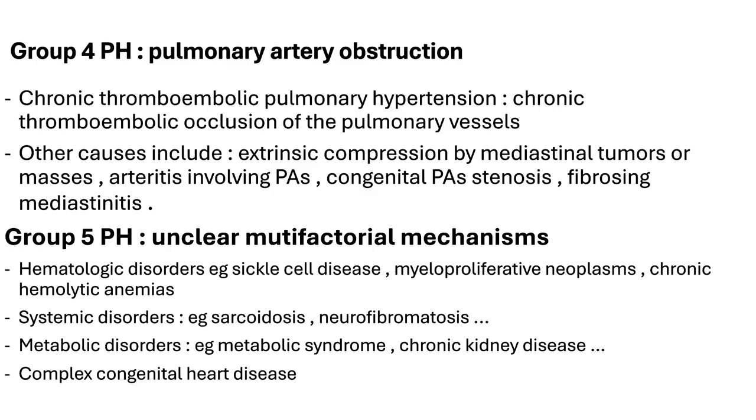Group 5 of pulmonary hypertension includes all the unclear multifactorial mechanisms. It can be, for example, systemic disorders, metabolic disorders, hematological disorders, and complex congenital heart diseases.